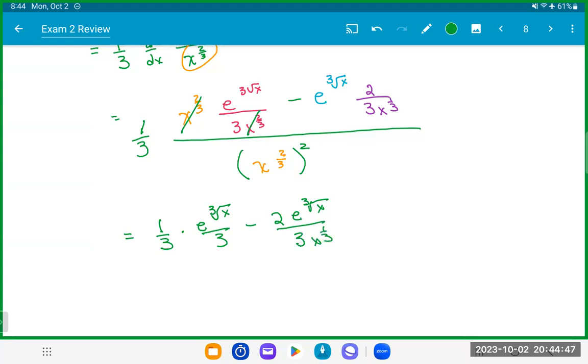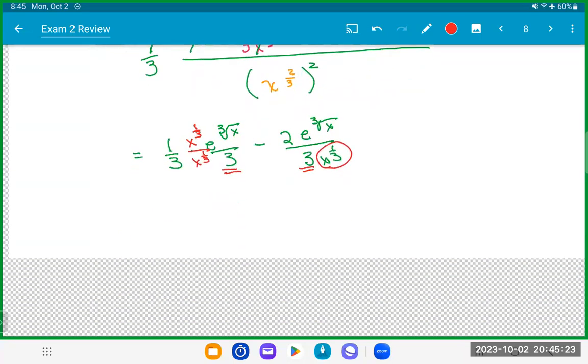So we want to get a common denominator in our numerator. We already have a 3 in the denominator of both pieces, but we don't have an x to the 1/3, so we would do x to the 1/3 over x to the 1/3 for that first term.